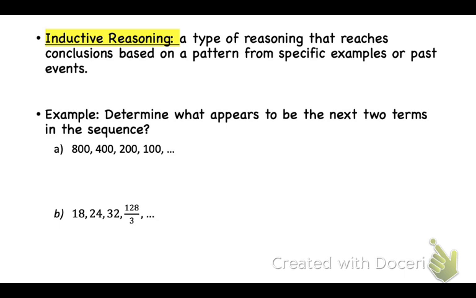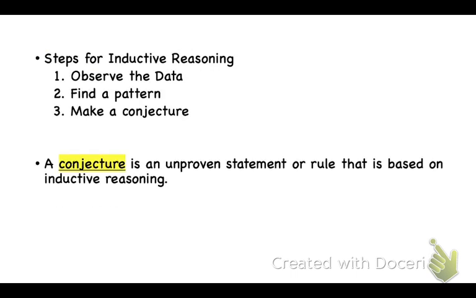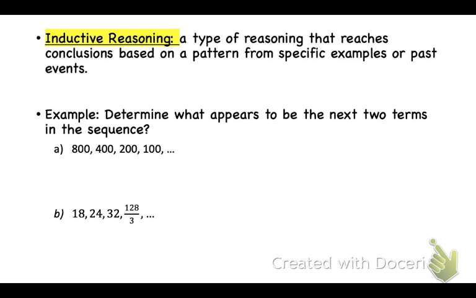Inductive reasoning is a type of reasoning that reaches conclusions based on patterns from specific examples or past events. Did we have specific examples on the last slide? Yes. Did we look for patterns? Yes. Okay. So that is inductive reasoning.